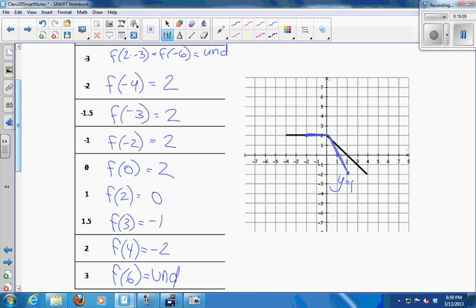This is y equals f of 2x. And the original is just y equals f of x. So how could you describe the transformation that took place if I were to turn f of x into f of 2x?